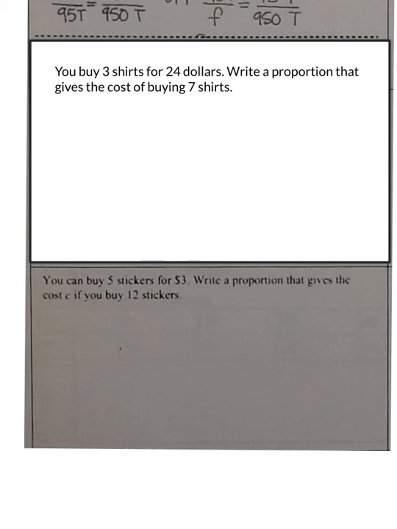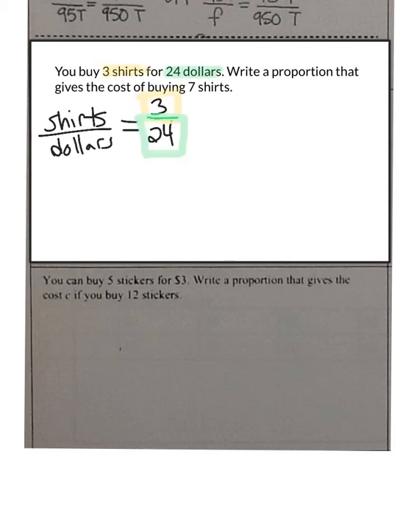Okay, so first we need to figure out what we're comparing here. You buy 3 shirts for $24. So we're comparing shirts to dollars. So the first thing I'm going to do is write that down. Okay, set it up as a ratio, shirts to dollars. Okay, so how many shirts? We can easily see here we have 3 shirts for $24.